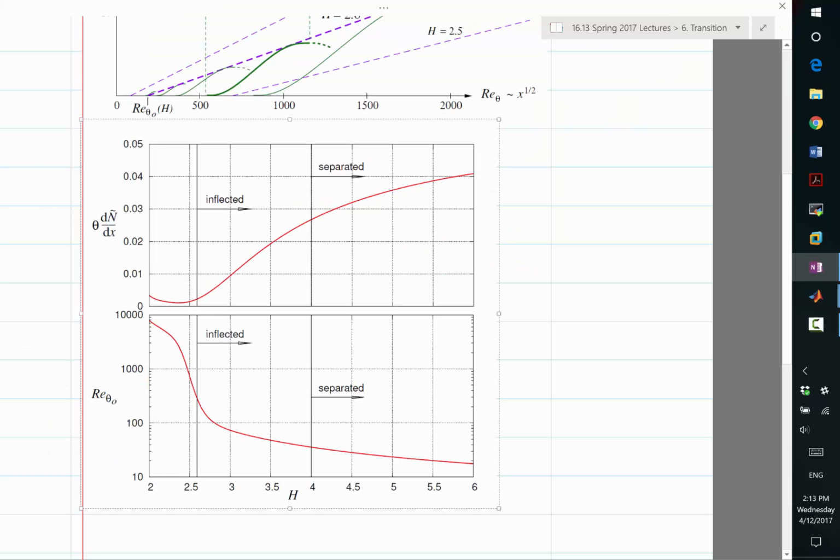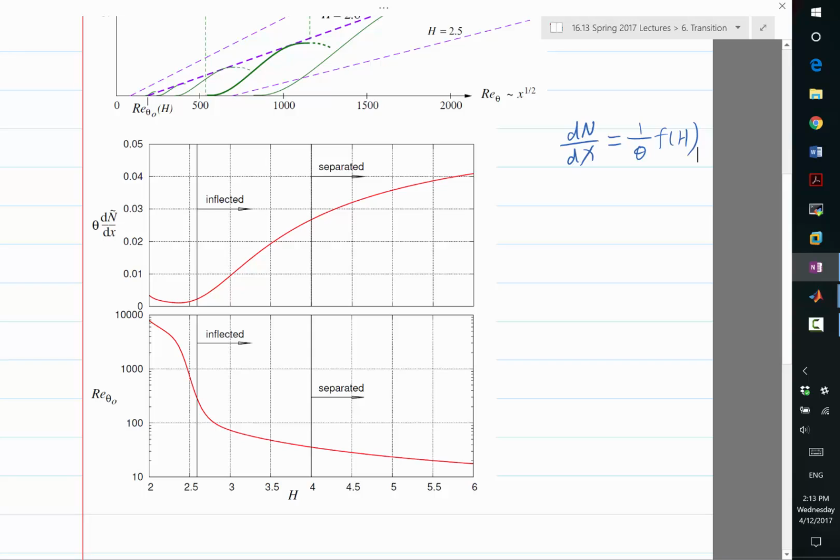All right. If we follow our model that dN/dx is just a function of H divided by theta, which means it's inversely proportional to theta, then what happens is that these two functions show how fast the disturbance is going to grow.